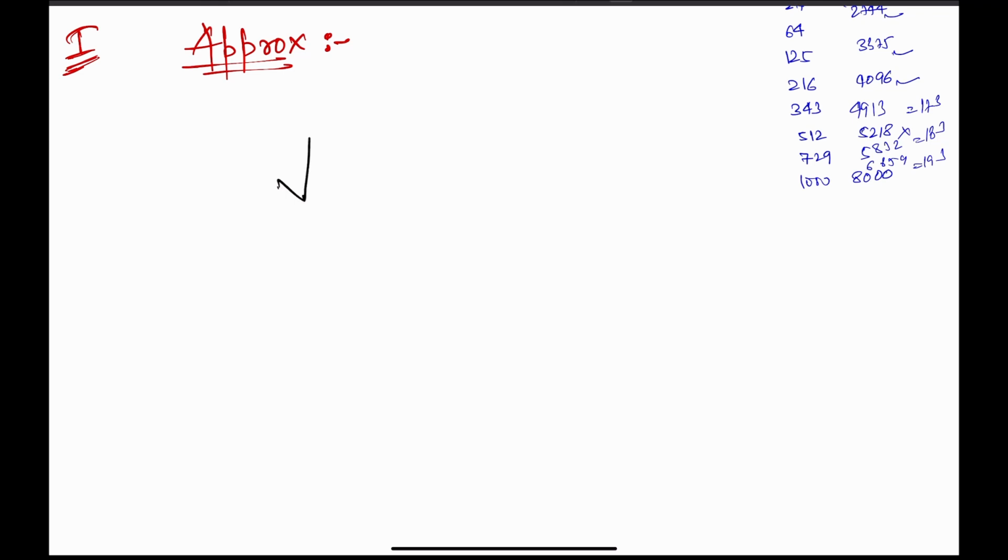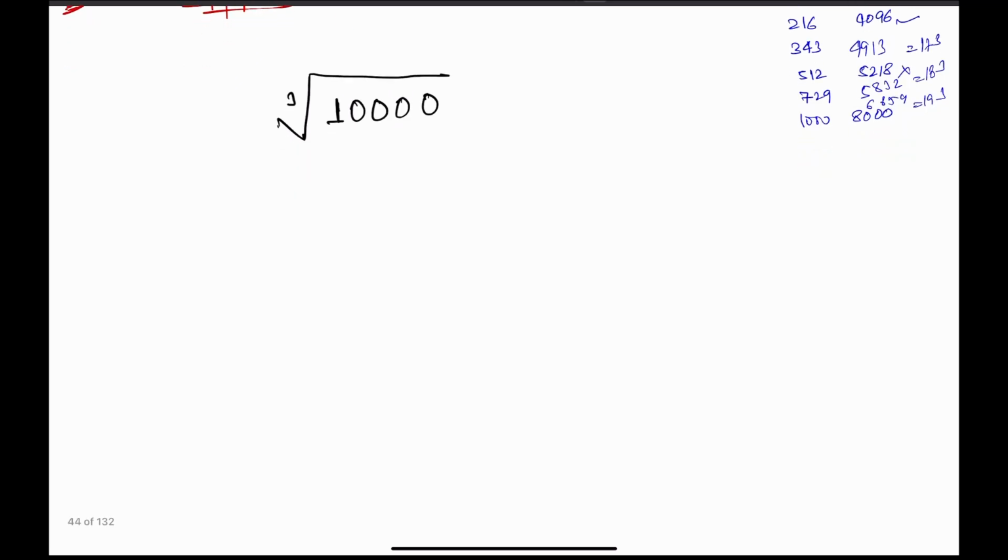Suppose someone asks me to tell the cube root of 1000. We know it's 10, it's easy. But if that person asks me for the cube root of 10,000, how are we going to solve this question? It's easy to approach this type of question. Let me show how it actually works.